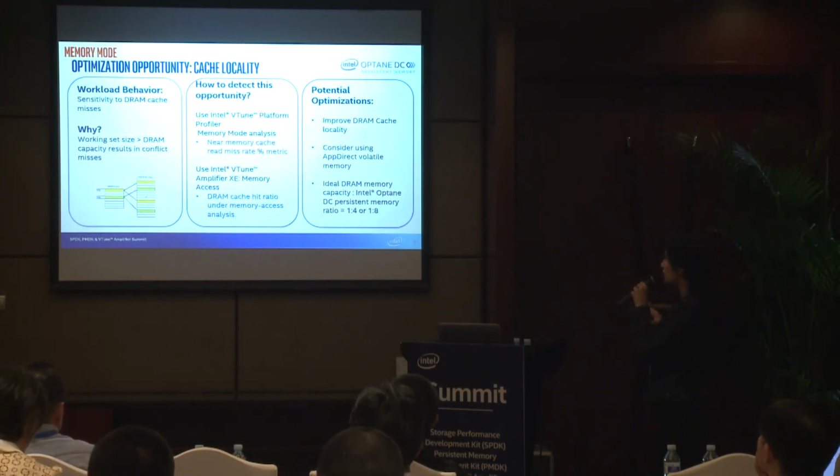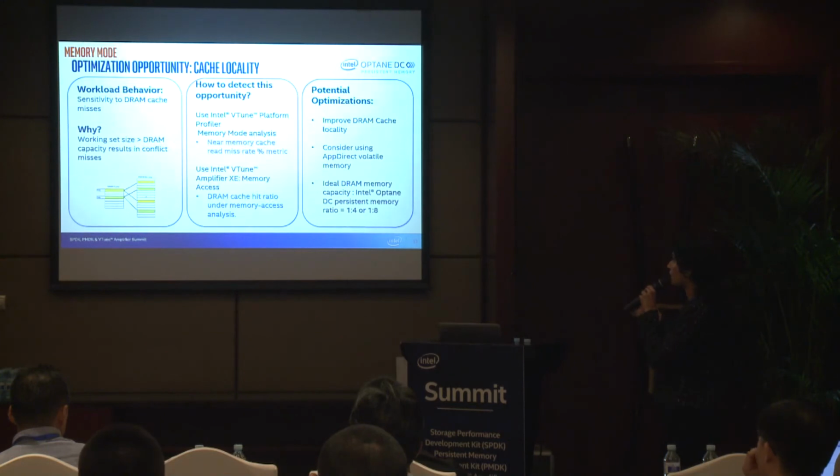In VTune Platform Profiler under memory mode analysis, we have a near memory cache read miss rate that will tell you if you're having a lot of misses. And also in VTune Amplifier memory access, we have the DRAM cache hit ratio under memory access analysis. I think this was not talked about in any of the previous talks, but this is something you can look at as well.